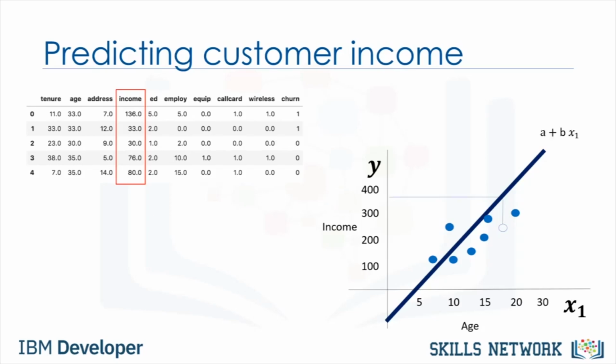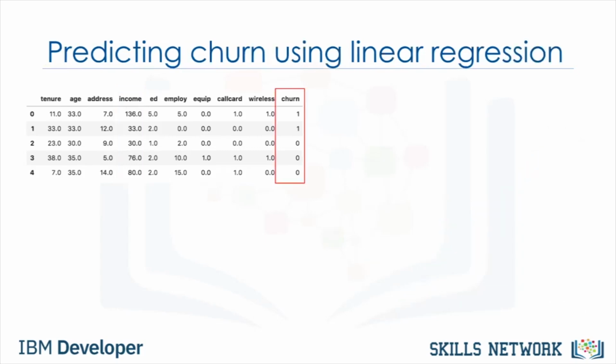This line has an equation shown as a plus b x1. Now, use this line to predict the continuous value y. That is, use this line to predict the income of an unknown customer based on his or her age. And it is done. What if we want to predict churn?